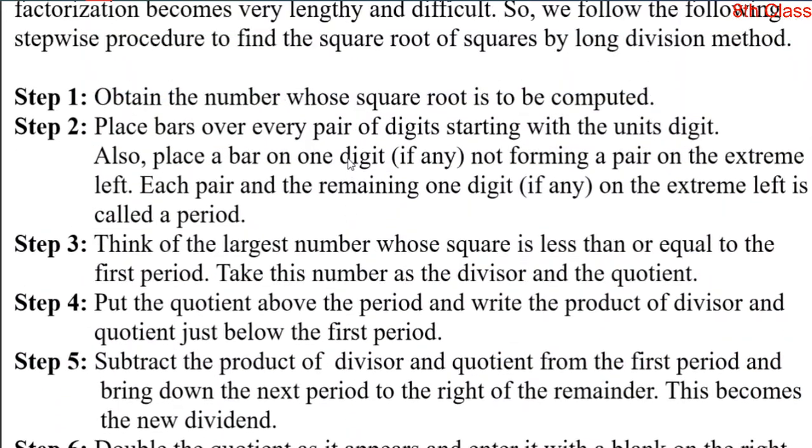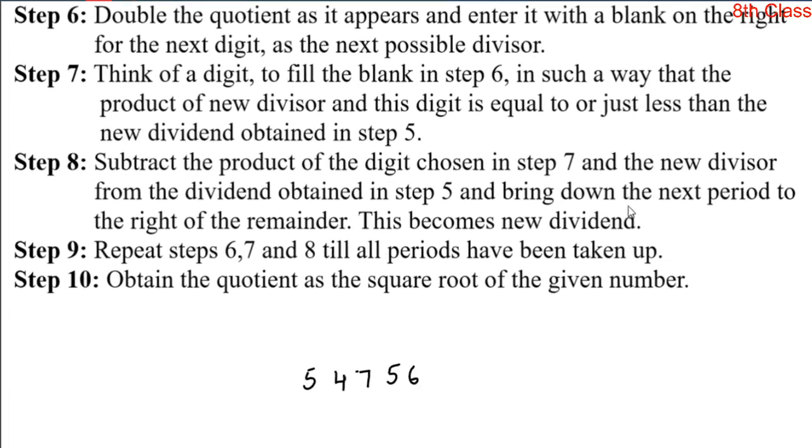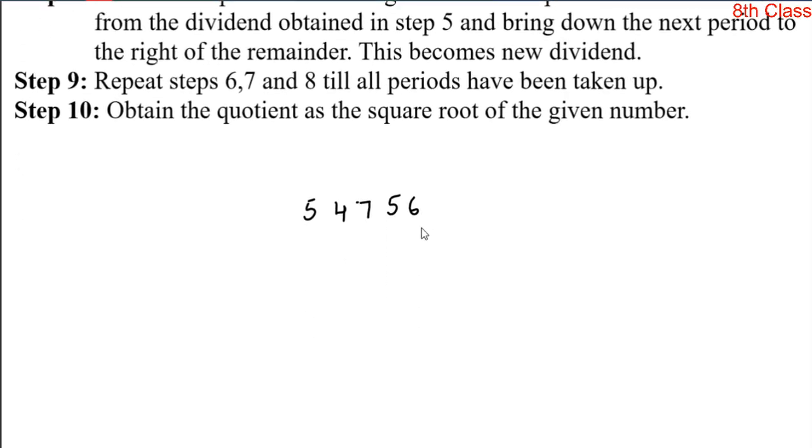Okay. Now first step, obtain the number whose square root is to be computed. Here the number is 54,756. Now step 2, place bars over every pair of digits starting with the units digit. Okay, so in this number, from the units place, you place a bar for every 2 digits.